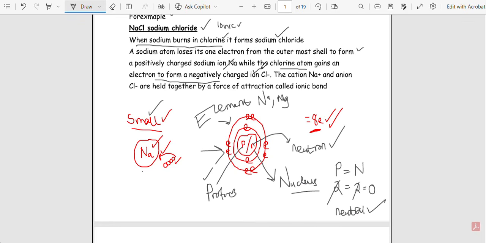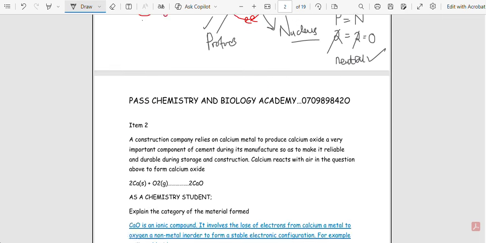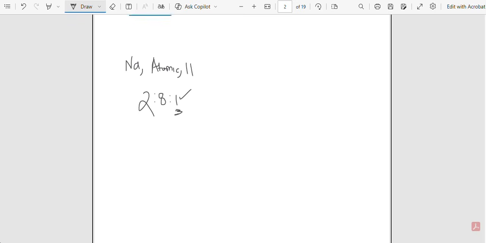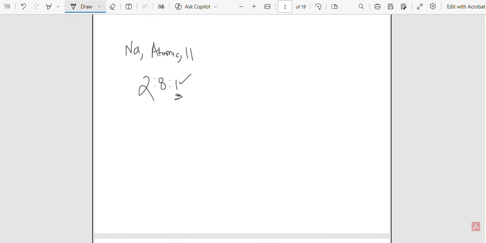While the chlorine atom gains an electron, it gains an electron to form what? A negatively charged chlorine or chloride ion. This implies that whenever atoms of elements receive or gain electrons, they become negatively charged.